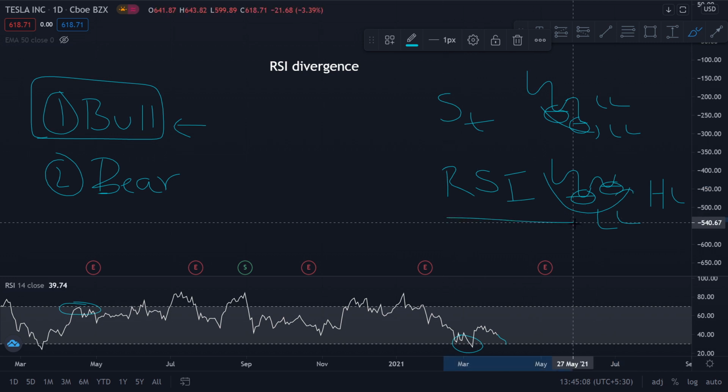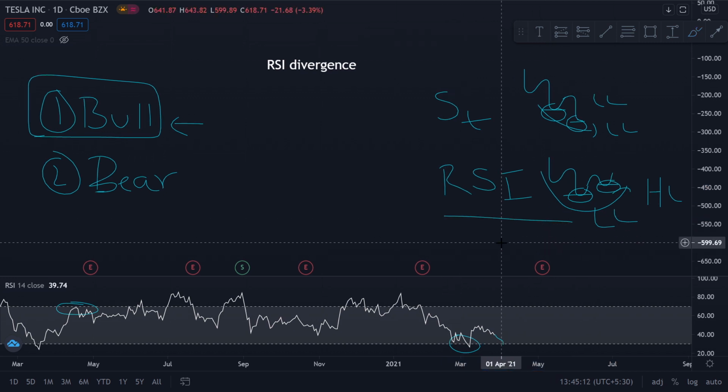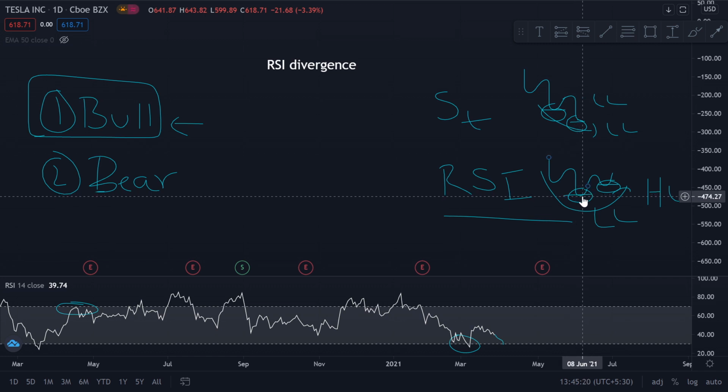As I already told you, RSI is a momentum indicator and it shows us the strength of the momentum. Now let's say this RSI was around 25, and that was the strength of the momentum in this lower low. In this next lower low, the strength of the momentum decreased, because this is 25 and now this is around 35.